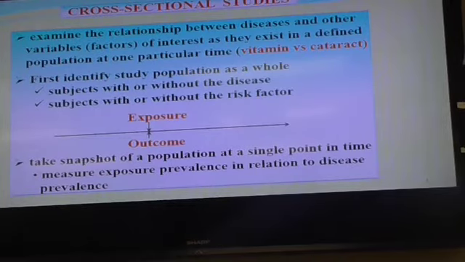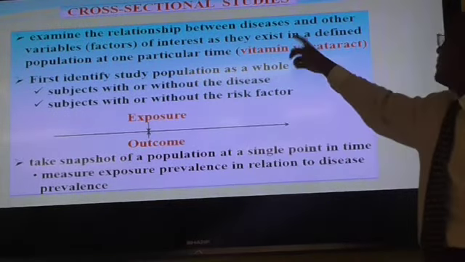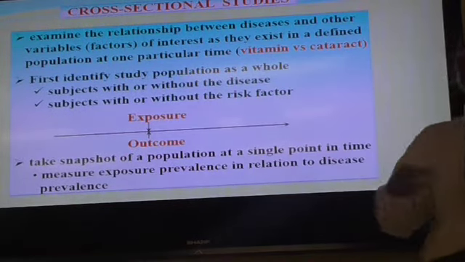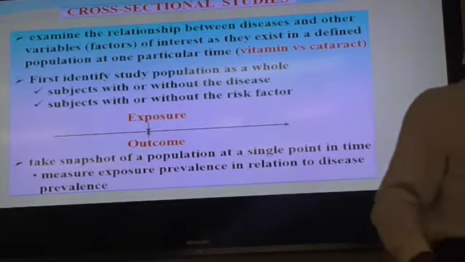The physician checked whether cataract was present or not, and at the same time they collected blood. So everything occurred at the same time. By that they established that children with cataract have severe vitamin A deficiency. So this is what we call non-directional.